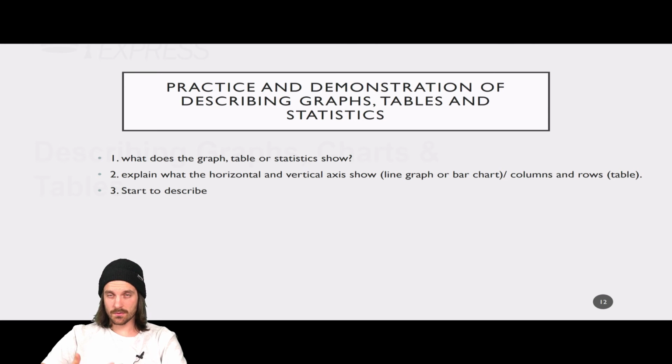And then of course you can do whatever you want, but in the case of a graph, you first explain what the horizontal axis or the vertical axis show, the line graph or the bar chart.